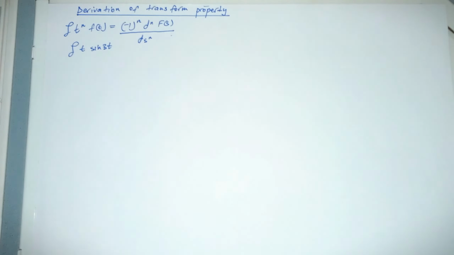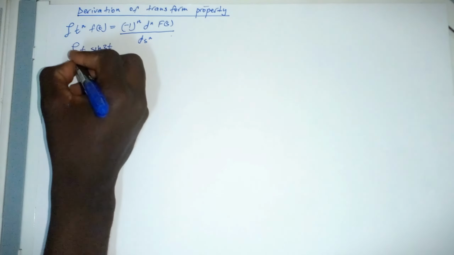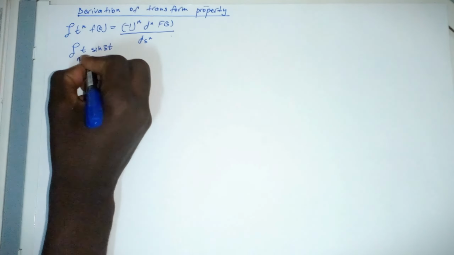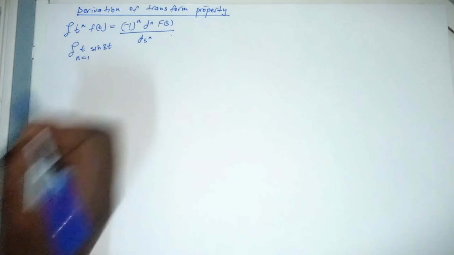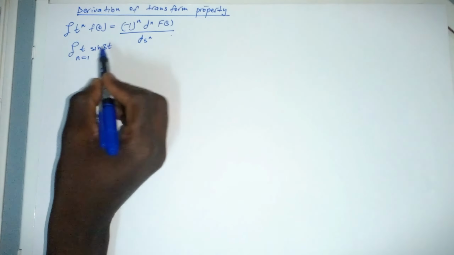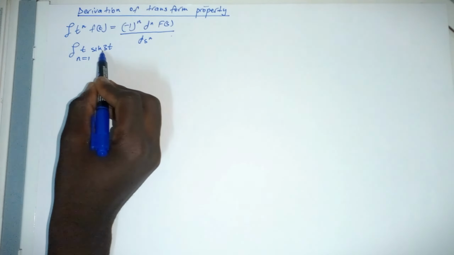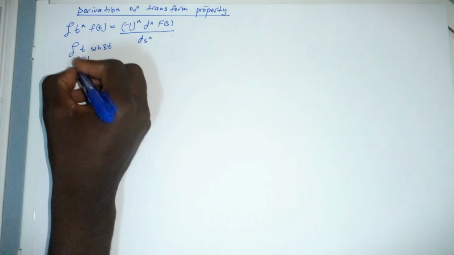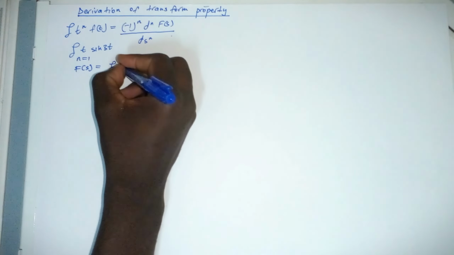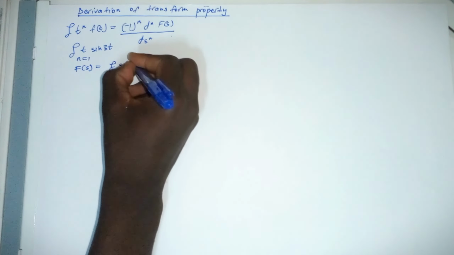And in this case, the first thing that we have to identify is what is the value of n, and from this we are seeing that n is going to be 1, where this is t to the power 1. Okay, so what we're going to do, first of all, we're going to find F(s). What is F(s)? The Laplace transform of sine 3t. So I'm going to write F(s) is going to be the Laplace transform of sine 3t.